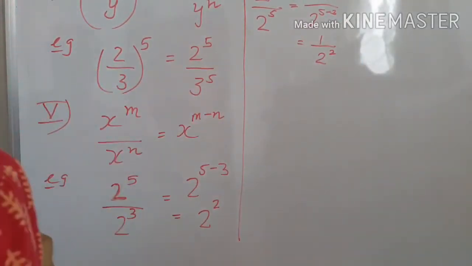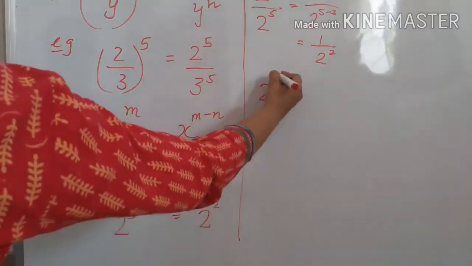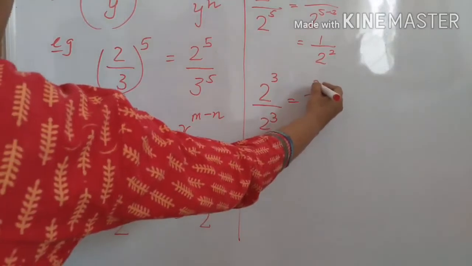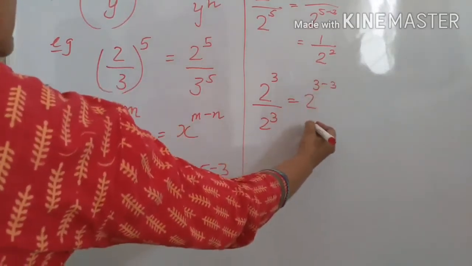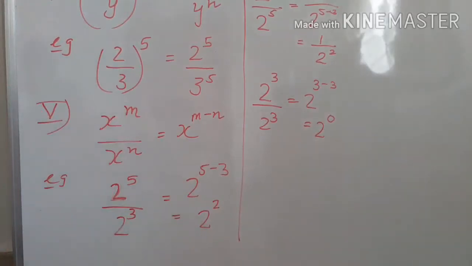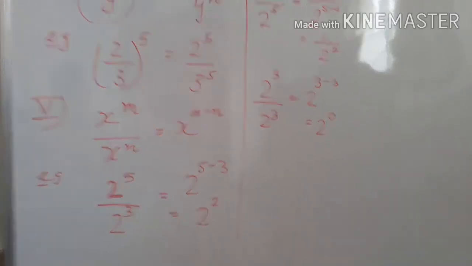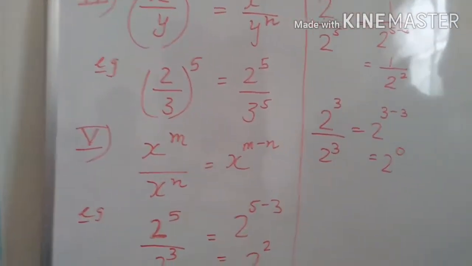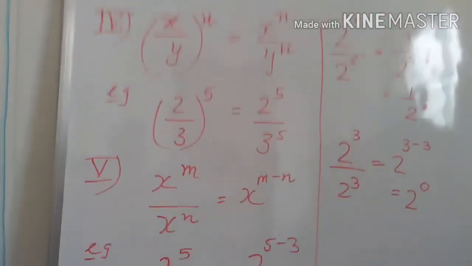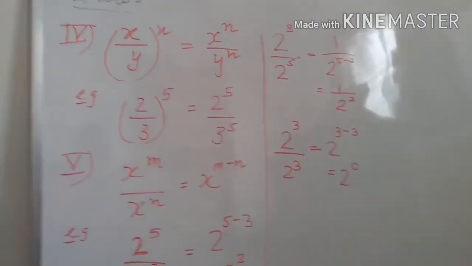And in some cases, if the powers are similar, like 2 cube upon 2 cube, then we can write 2 raised to 3 minus 3, so it becomes 2 raised to 0. So these are the different cases in which our division law can be completed, with these different types of examples.